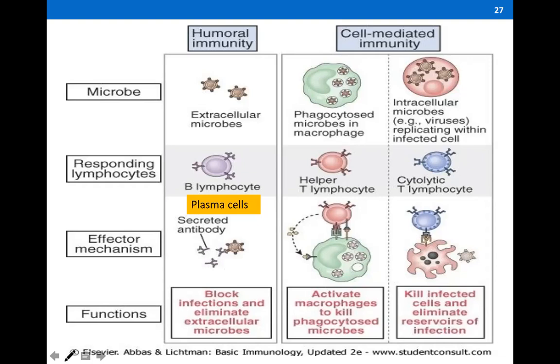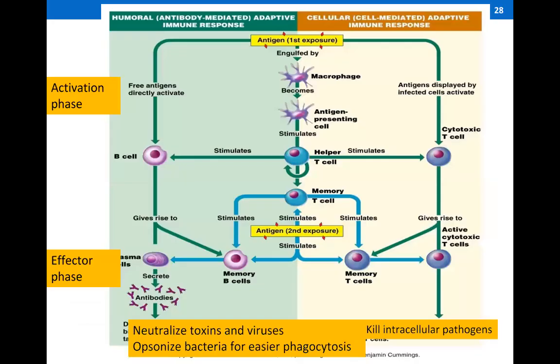humoral immunity. Okay? All right, so this is just another illustration on how to study this humoral immune response and cell-mediated immune response. Now look, on the first exposure of the antigen, sometimes they will be stimulating already the B cell, and they directly activating T cytotoxic cell.